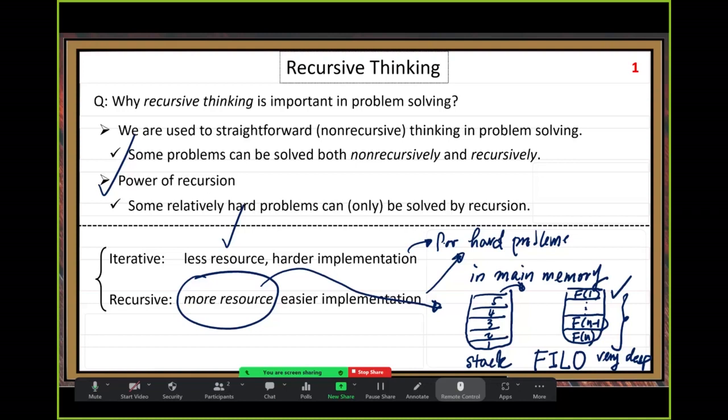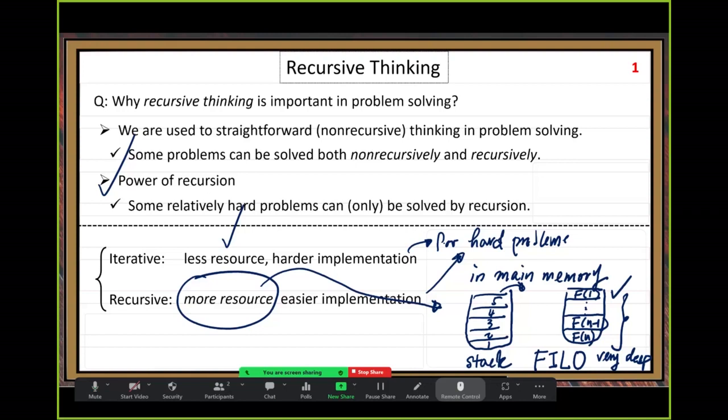If stack overflow occurs, the whole computation must be dropped. You couldn't complete your computation due to the stack overflow problem.